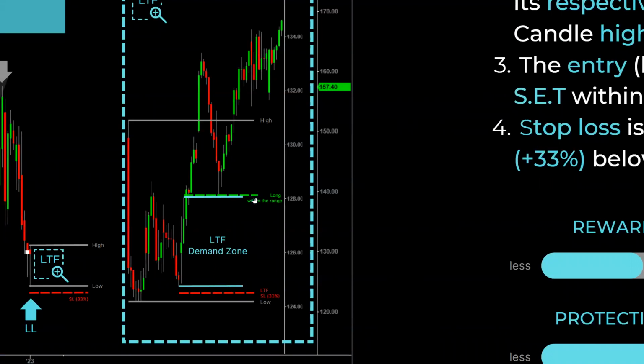And now the idea: option 1 would be we buy above the highs here. Option number 2 is, for example, we buy at 130, and option number 3 is we look for supply or demand, and here of course demand, it's a bullish reversal. And look at this, this example is not the best.